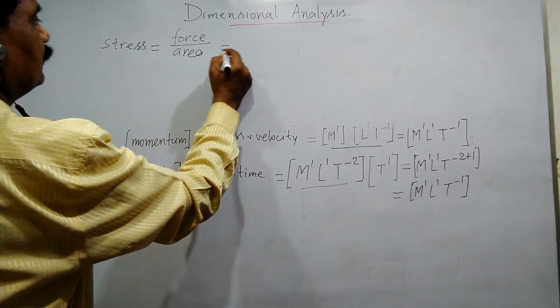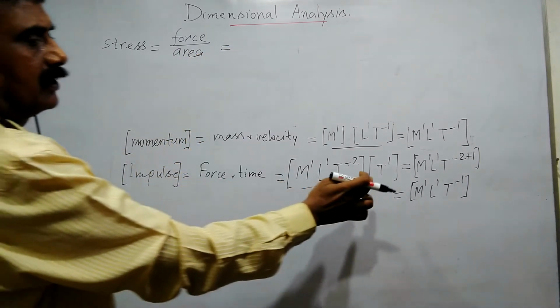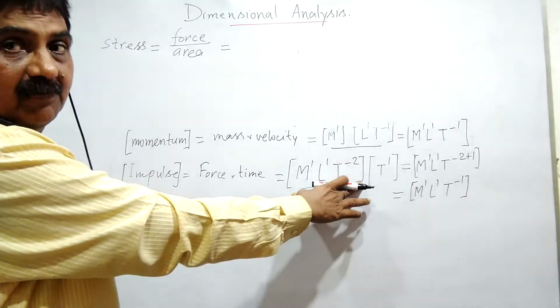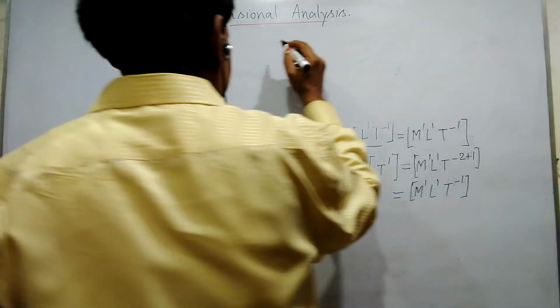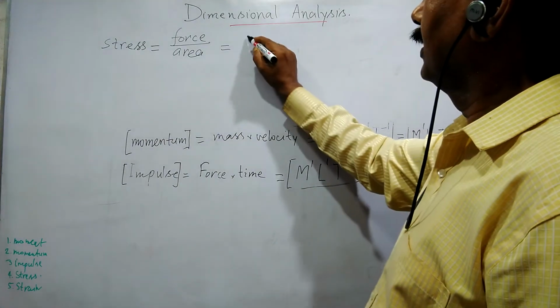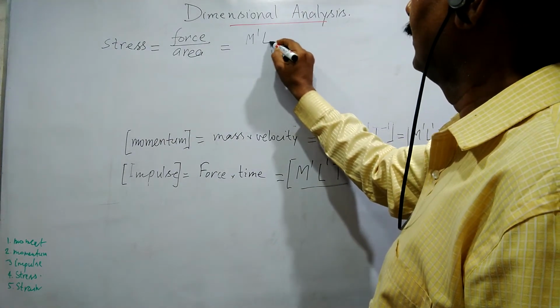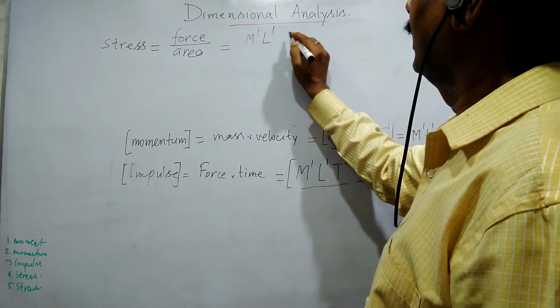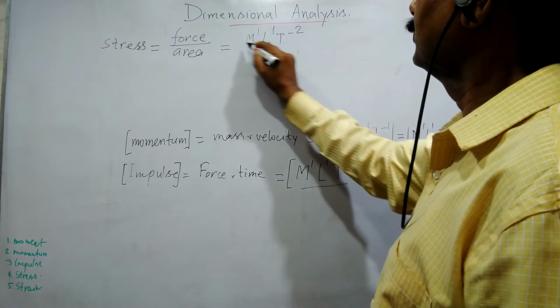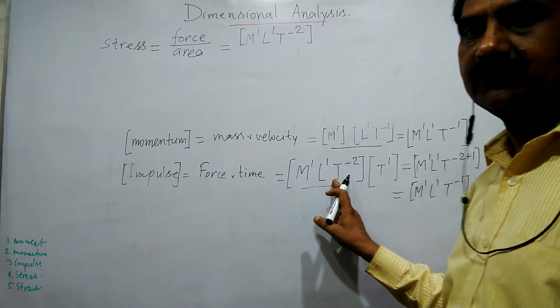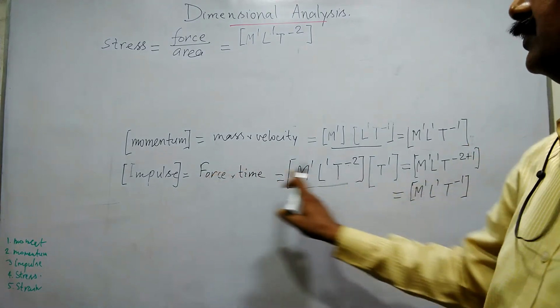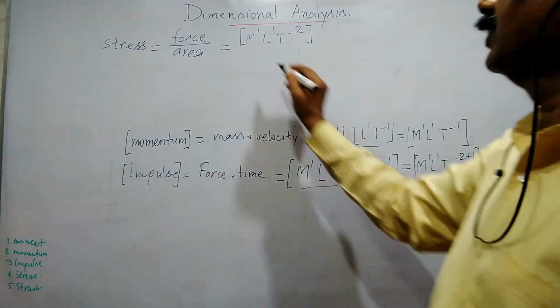Force, we have already written down its dimension: M to the power 1, L to the power 1, and T to the power minus 2. That is the dimension of force.